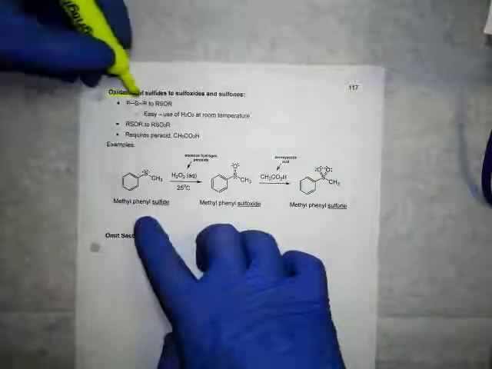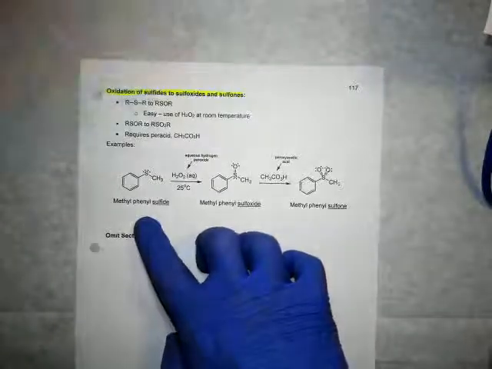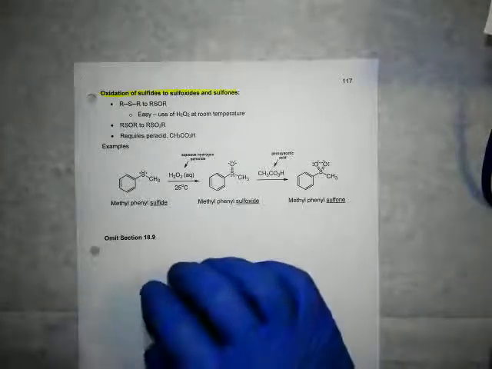Folks, here I describe the oxidation of sulfides to sulfoxides and sulfones. It's really very easy to understand, and I just want to give you a feel for that. But you may have to think back to what you had in Organic 1 before you can really do this.